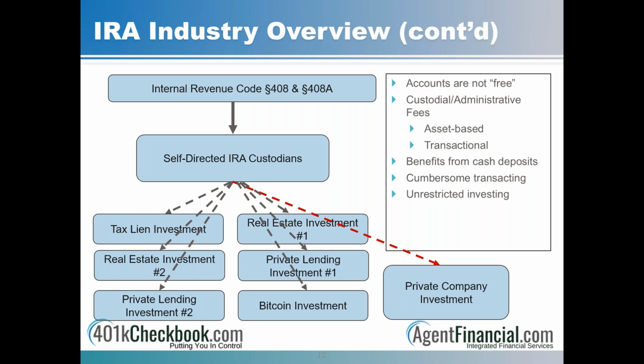Some people get introduced to the self-directed space, and then they're surprised to find out that they've got to pay to have these accounts, and these can get kind of pricey. Well, the first thing you've got to realize, just to put this in perspective, is that wherever you're coming from, you've also been paying for it. It's not free, it's just been invisible to you.